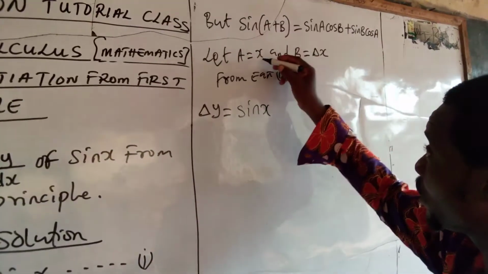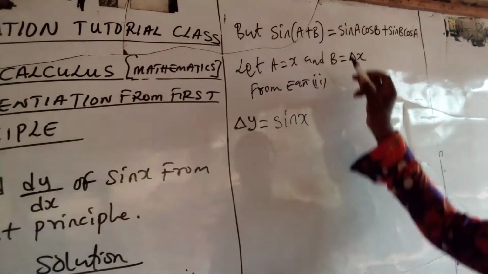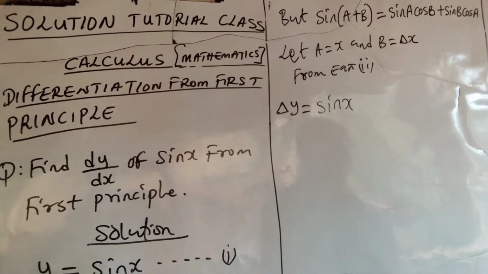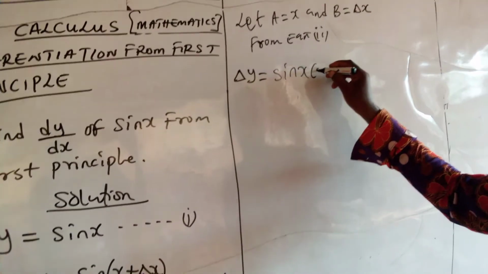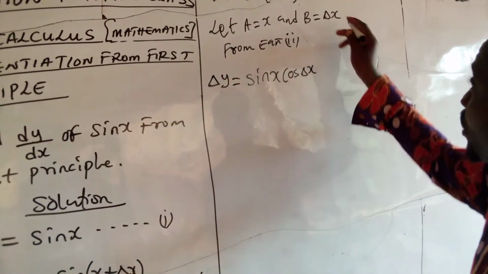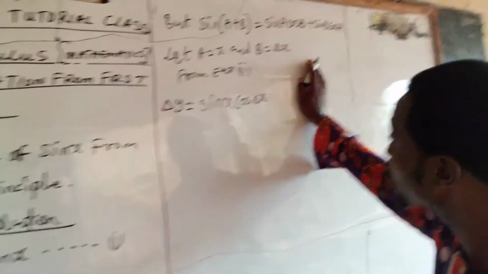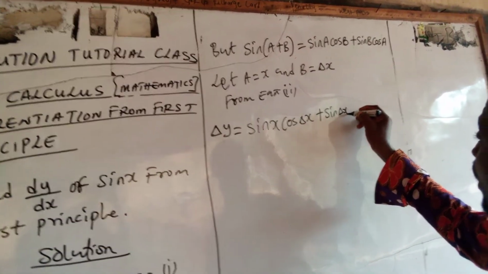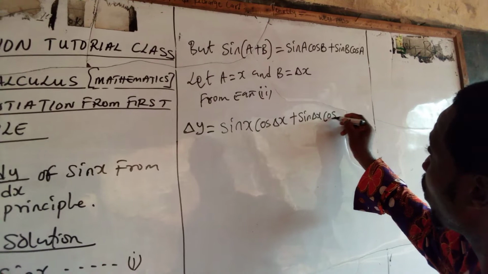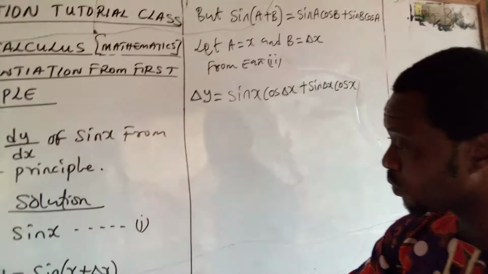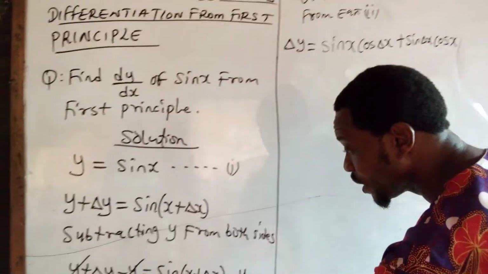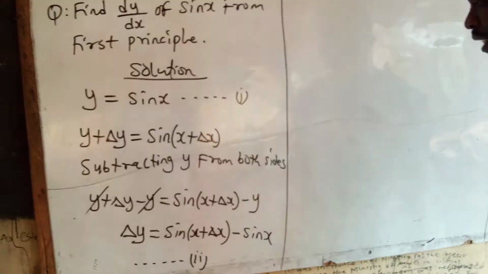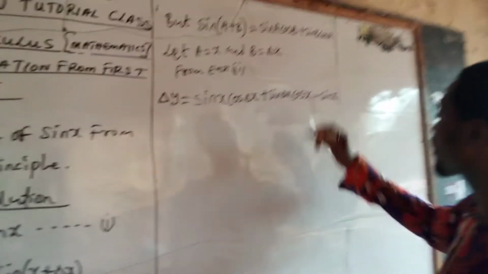Instead of writing a, you now write s, because if you compare this and this, they are the same. So you now write cos of change in s, because our b is change in s. Then plus sine of change in s, then cos s. This expands only this part, but we still have minus sine s. So you now write minus sine s.